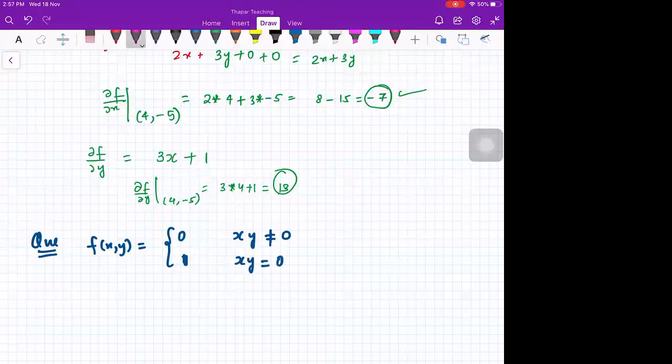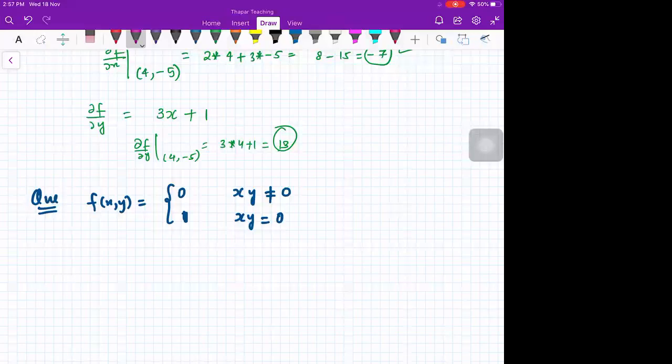Then the question is find ∂f/∂x at (0,0) and ∂f/∂y at (0,0).